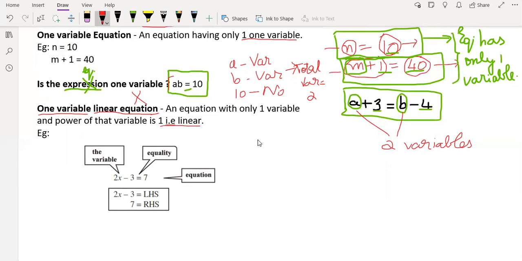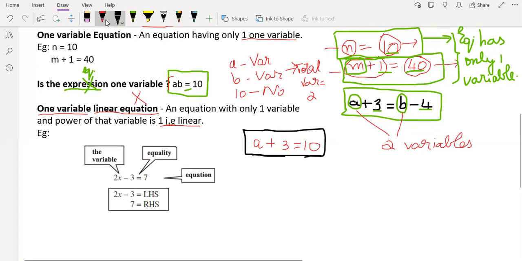So for example, if I take a plus 3 equals 10. First let us check whether this is an equation. Yes, the left hand side is an expression, the right hand side is an expression. Both are separated by an equal to sign, so this entire thing becomes an equation. Now next let us check whether it is one variable, two variable or three variable.